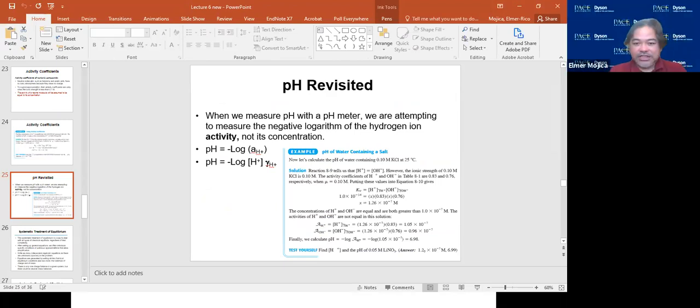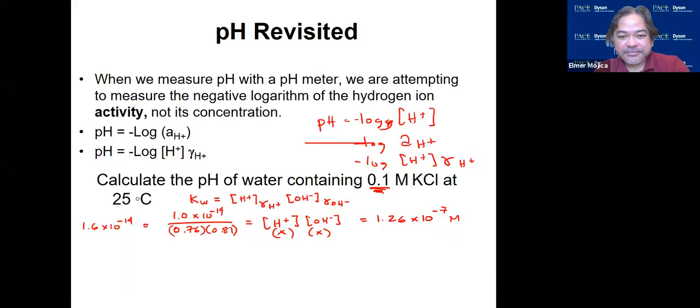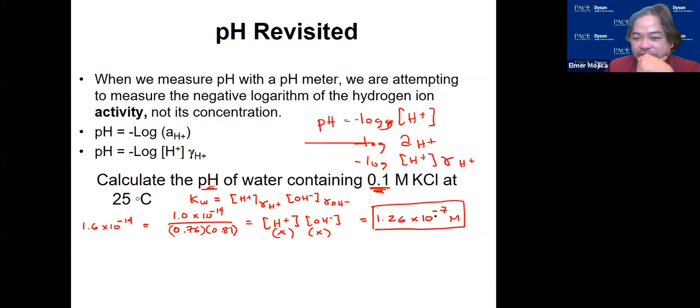Because the question that I will ask you is, is the value that we're going to use for the negative log, or are we going to use it and multiply it with the activity coefficient? Remember, what's the one being asked? The pH. So are we going to get the negative log of this right away, or are we going to multiply it with another value?